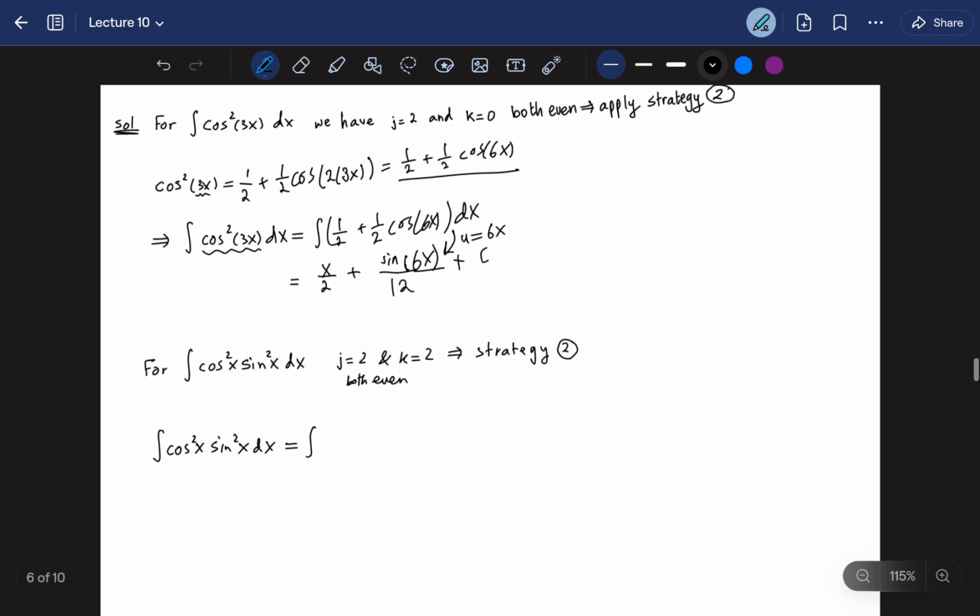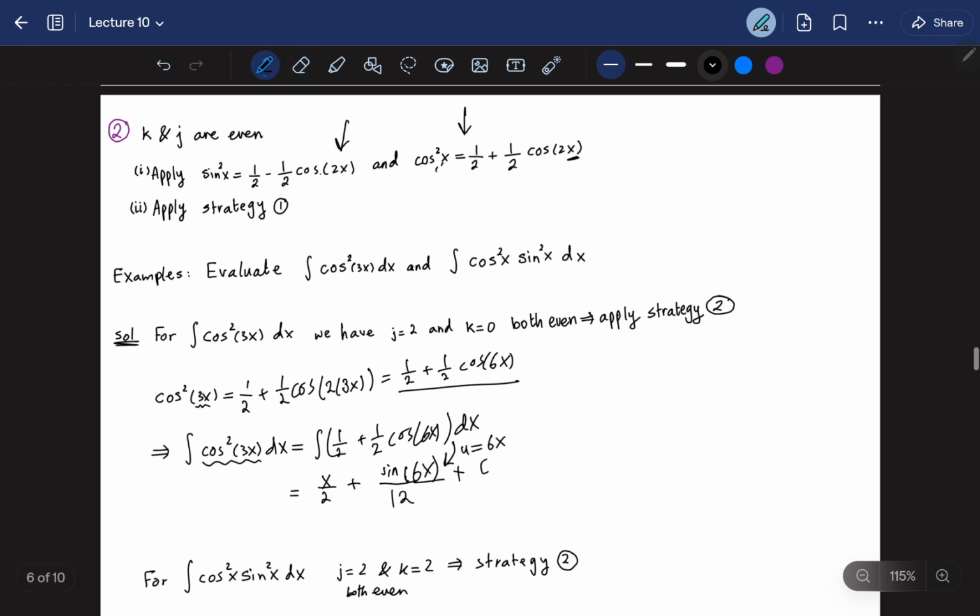Now how about if I have cosine squared, sine squared, both even, then strategy number 2. So here I need to apply the identity twice. One's for cosine and one for sine here.